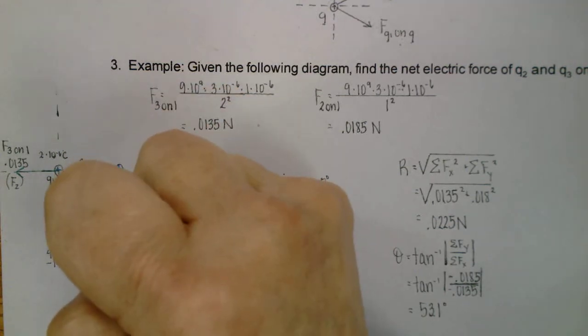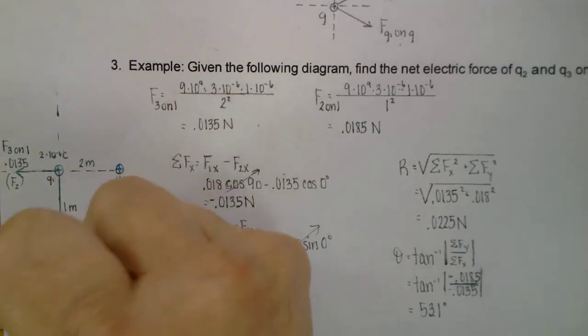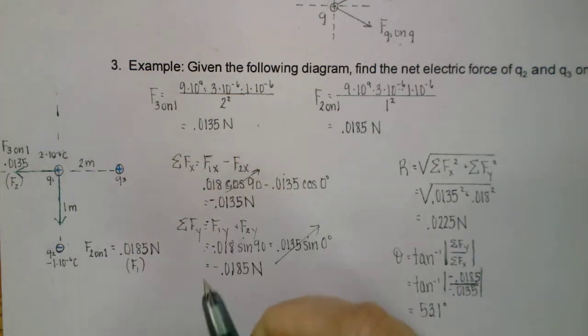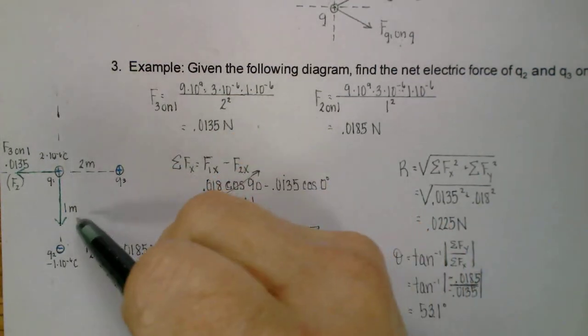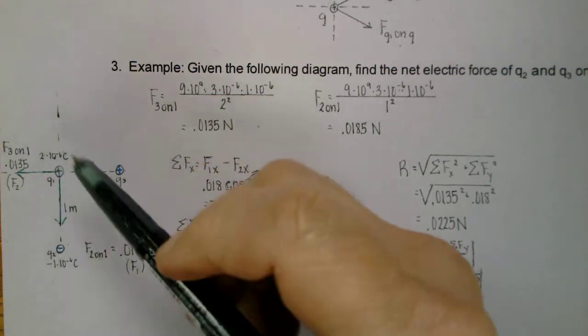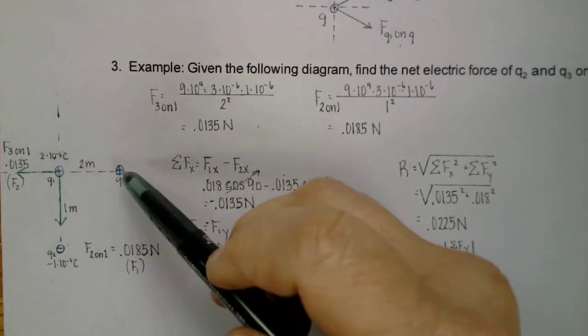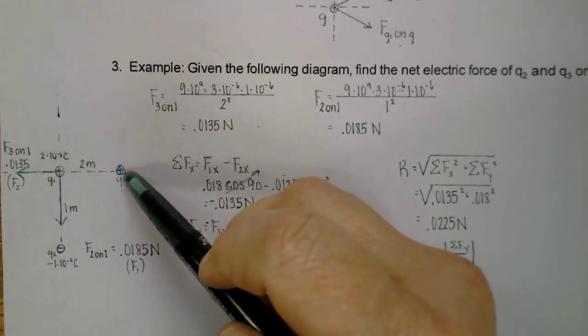Oh, this is Q3. I apologize for that. I did not finish my diagram. And that's Q2. All right, so I have Q1, Q2, and Q3. And I want to know what are the effects on Q1 because of the presence of Q2 and Q3.